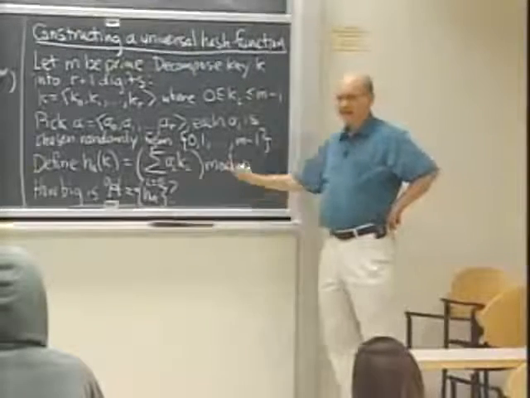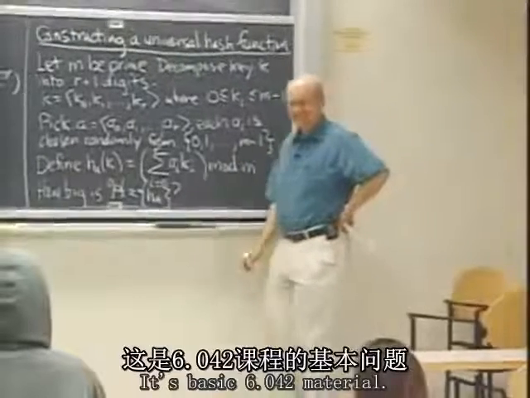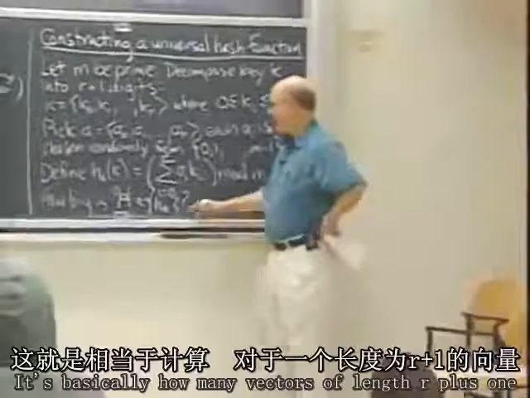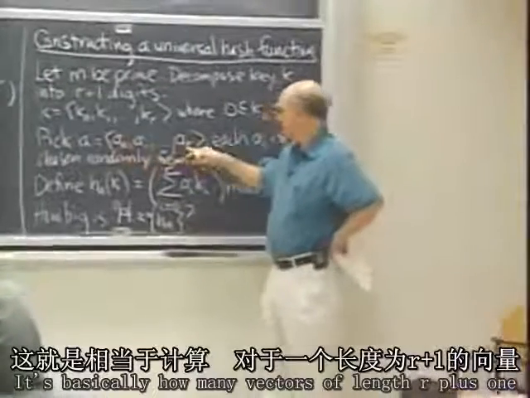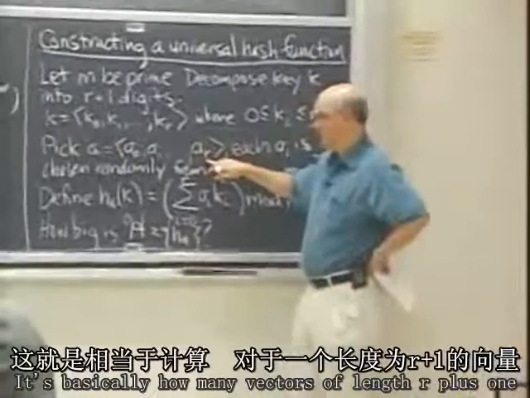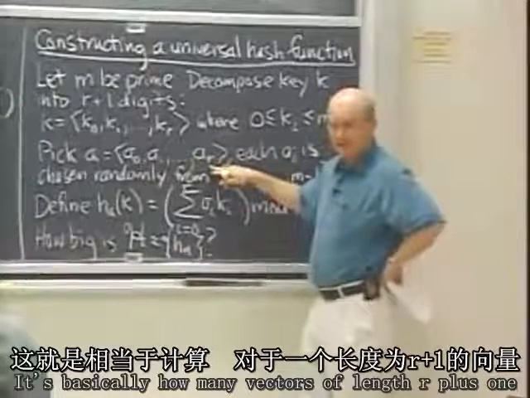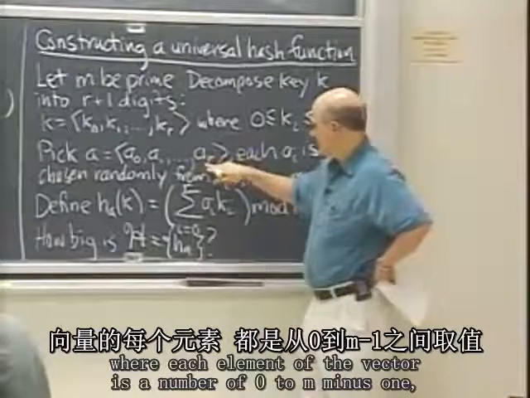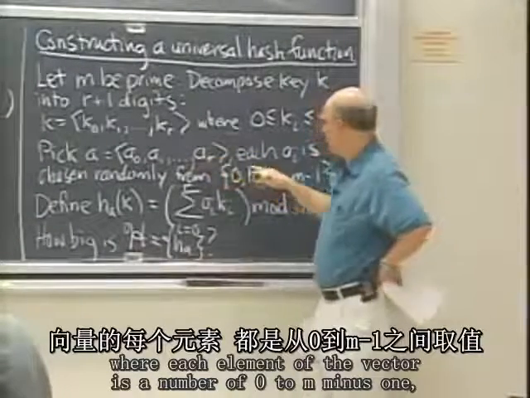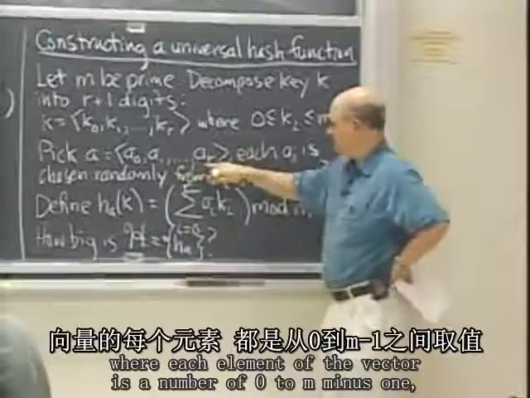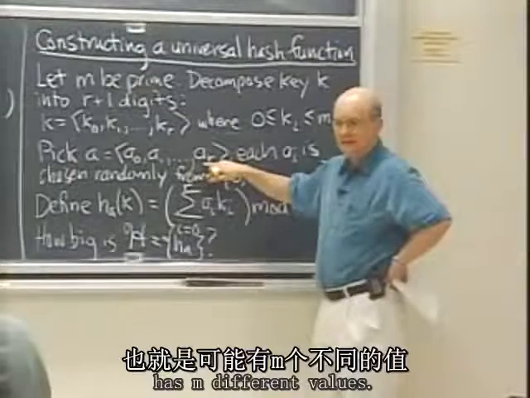It's basic 6042 material. It's basically how many vectors of length r plus 1, where each element of the vector is a number from 0 to m minus 1, has m different values. So how many?